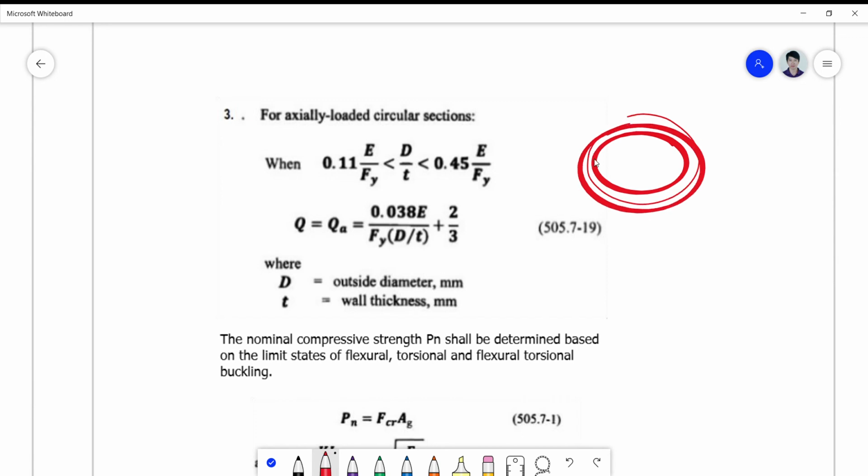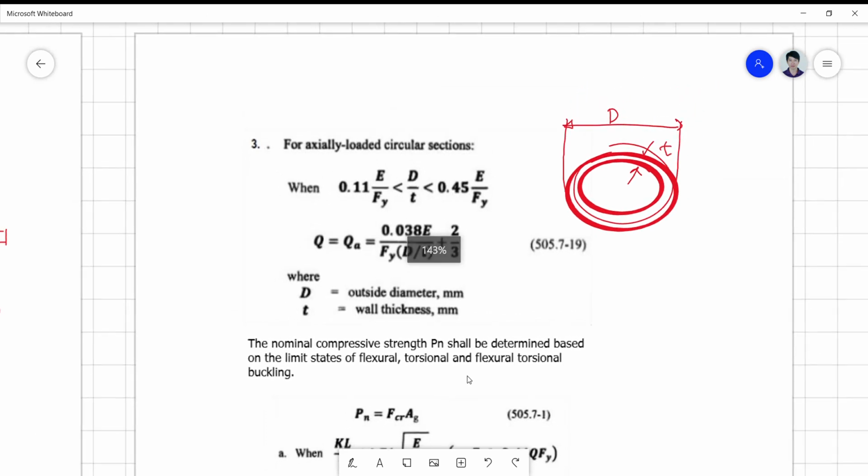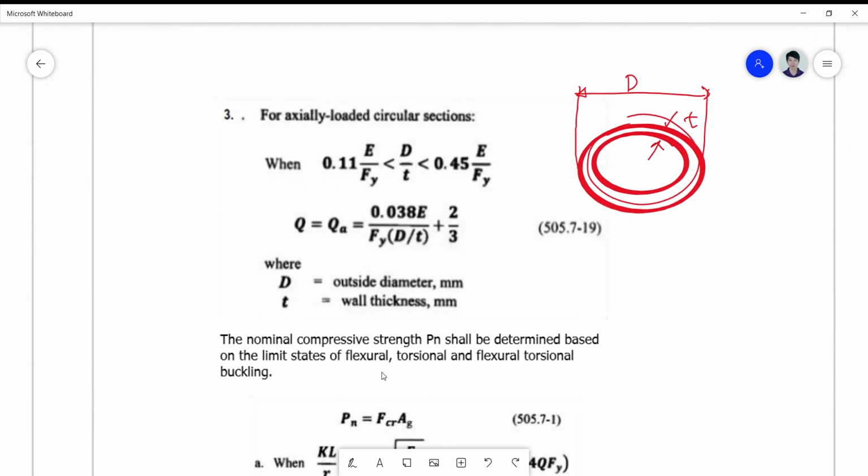So what is now your D over t? Your outside diameter D is the one that is referred to here, and your thickness is simply this one. Okay, for the nominal compressive strength, Pn, it shall be determined based on the limit states considering flexural, torsional, and flexural-torsional buckling.